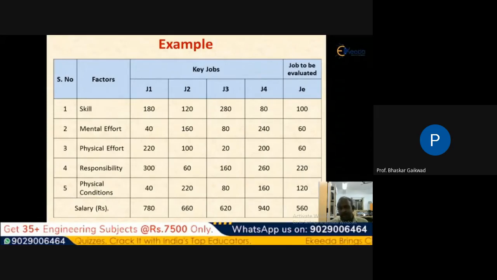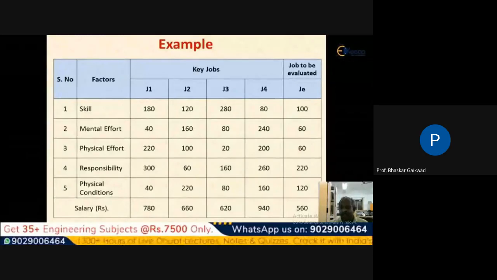When a new job comes, that is what I have given as JE. When a new job has to be evaluated, between 80 and 280, what is the number I am going to provide? Whether it's the least skill required or the most skill required, I am going to compare. I compare JE with J1; it is still going to be less compared to the skills.